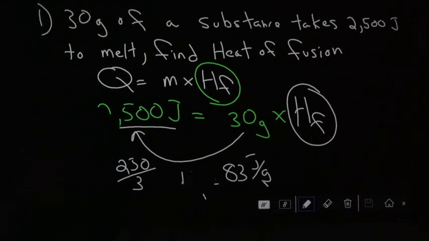Well, obviously, since water is 334 joules per gram and this is only 83, this has a weaker intermolecular force between the molecules. Everybody got that? That's a pretty good one. So this heat of fusion, remember it means melting, and there's only 3 things you can solve for: heat energy Q, mass, or heat of fusion. So I think we're good with that one.